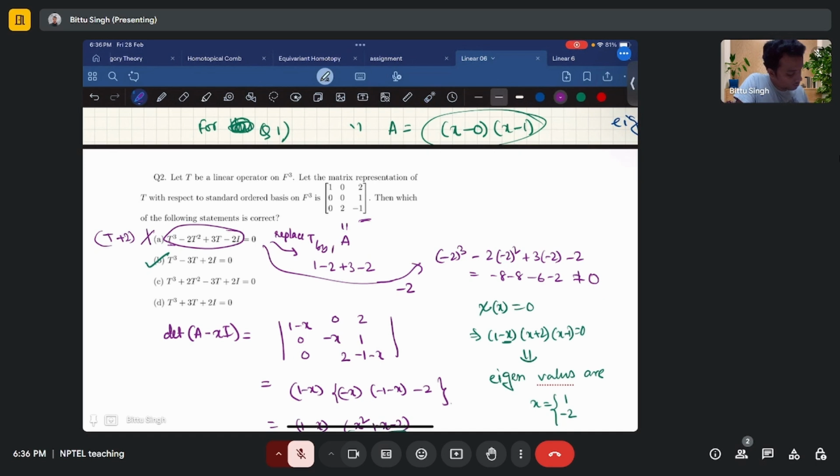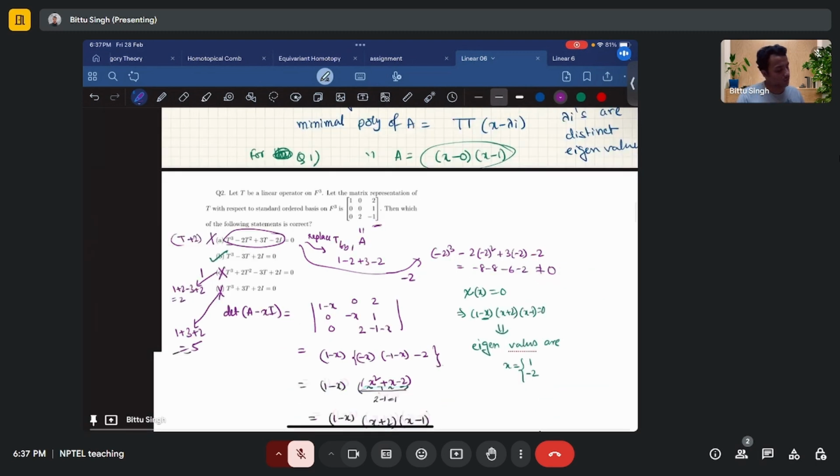For this one, replacing T by 1 gives 1 plus 2 minus 3 plus 2, which is 2, not equal to 0, so this is also false. And here if we put T equal to 1, it is 1 plus 3 plus 2, which is 5, non-zero, so this is also false.